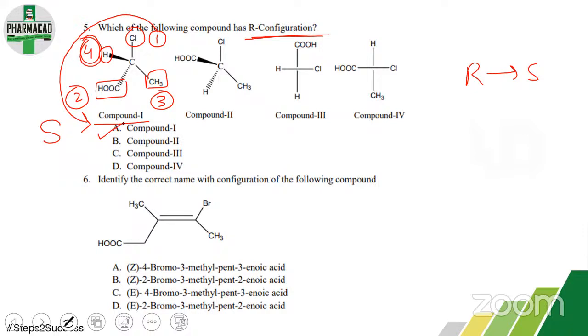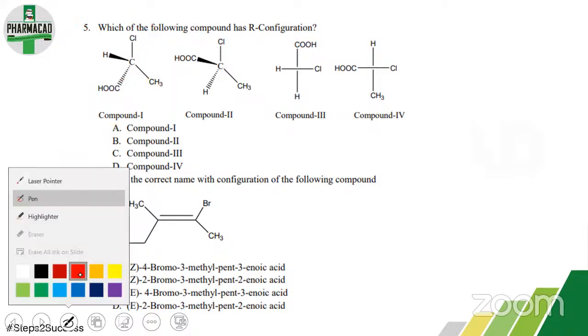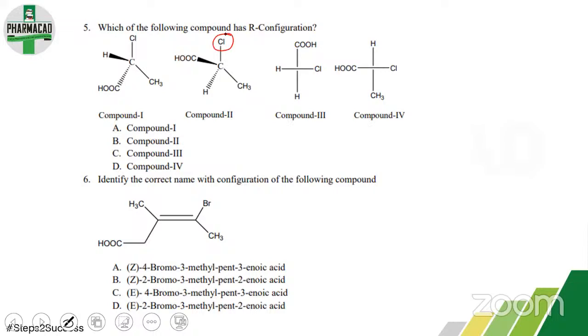Whereas in case of second compound, see, first priority, then second, then third, and then fourth. 1 to 2 and 2 to 3, it means anti-clockwise. The hydrogen least priority group is on dash wedge. That's why the configuration is S. Whereas in case of third compound, first, second, it is having two same atoms.